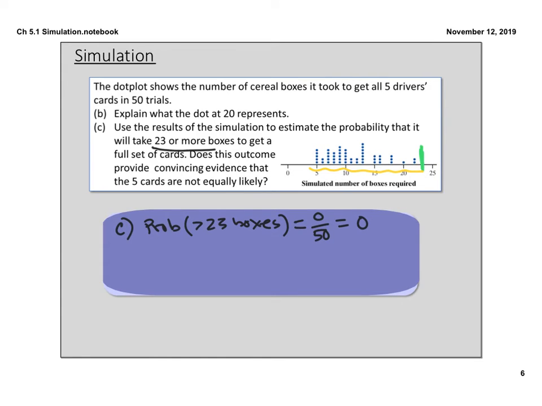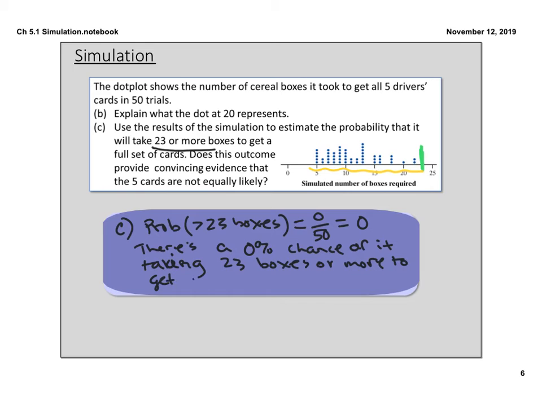Okay, so that tells you there's a 0% chance of it taking 23 boxes or more to get all 5 cards.